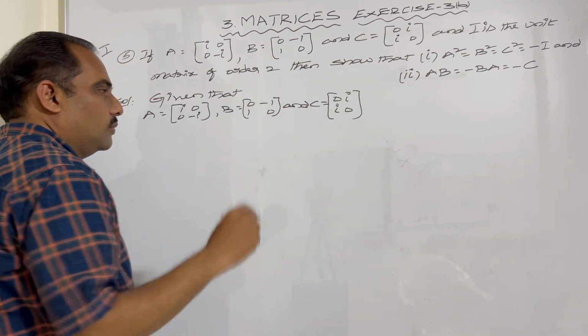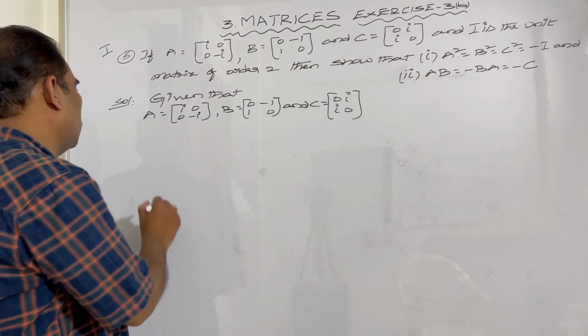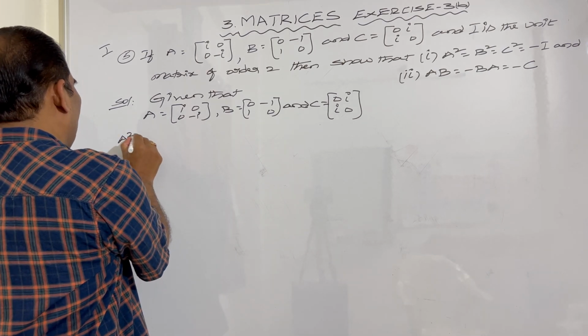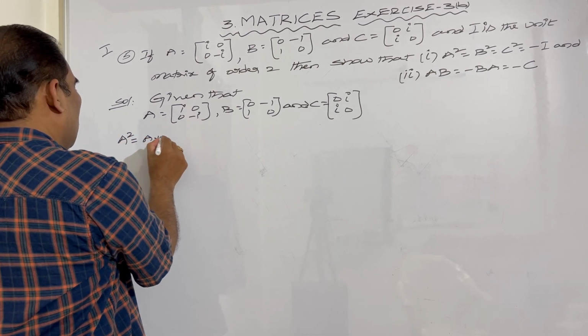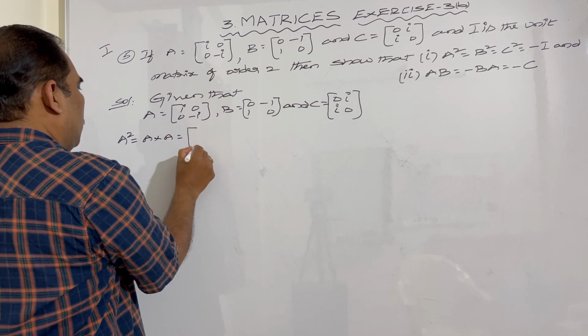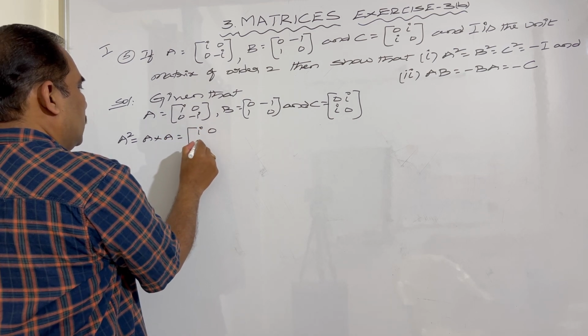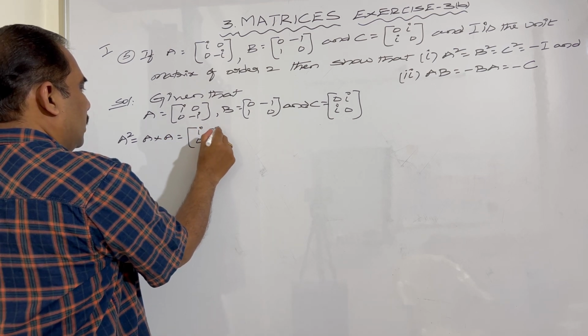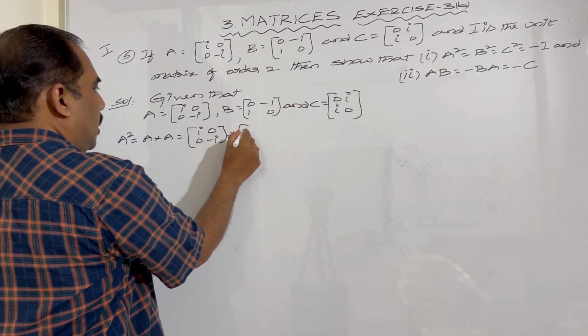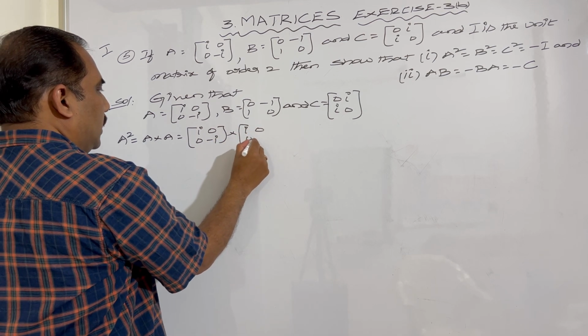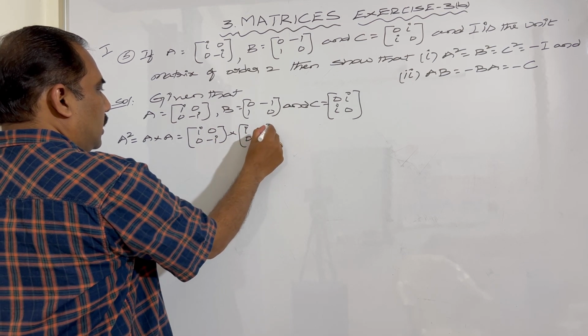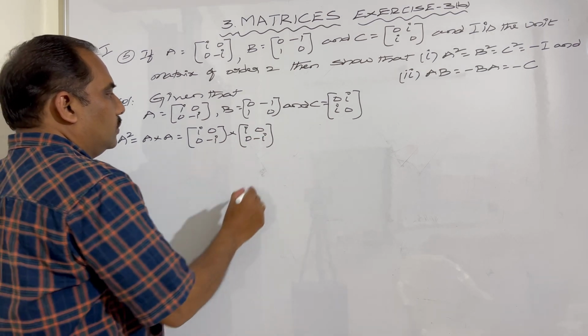See, in the first bit what we have to find? We have to find the A square. A square is equal to A into A, which is equal to [[I, 0], [0, minus I]] into again [[I, 0], [0, minus I]].